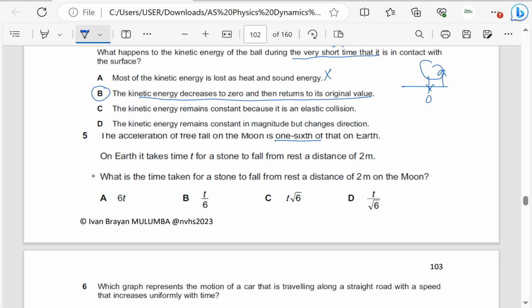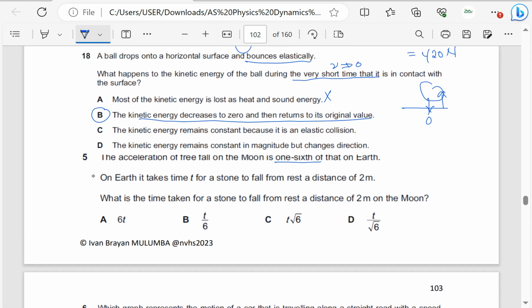Okay, so they have told us that g on the moon is equal to 1/6 of g on the Earth, which I'm just going to call small g. So it means g is equal to 6 times g on the moon.